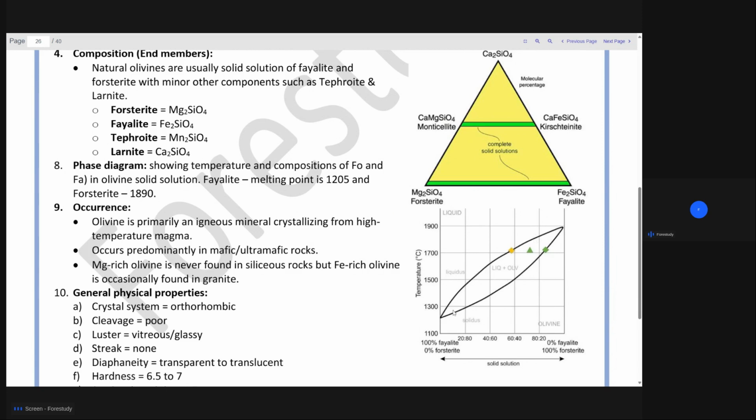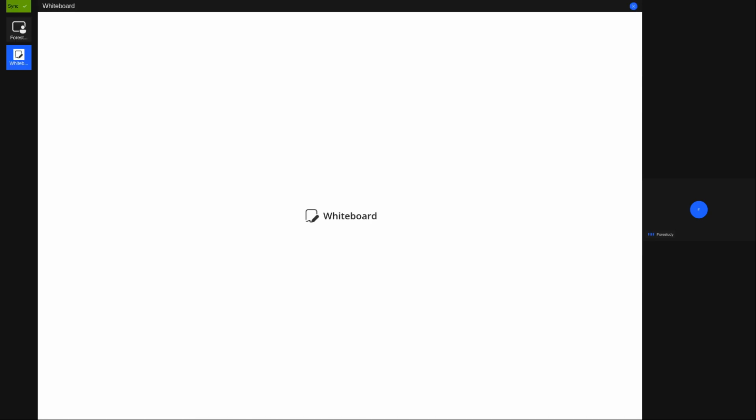So I think it is better to give you a brief idea right now using the Forsterite-Fayalite solid solution. Just give me a moment, and then I'll open up my whiteboard and explain it to you.